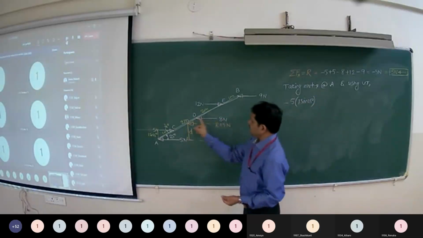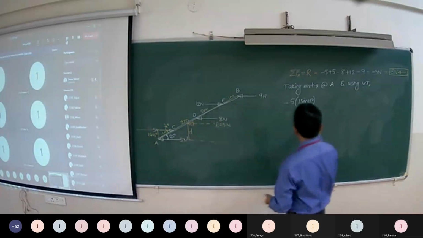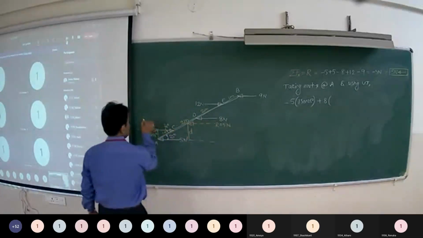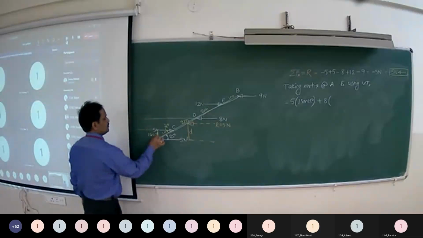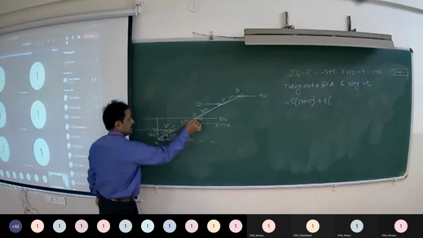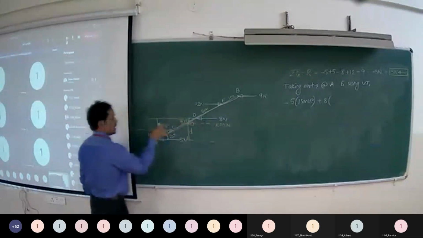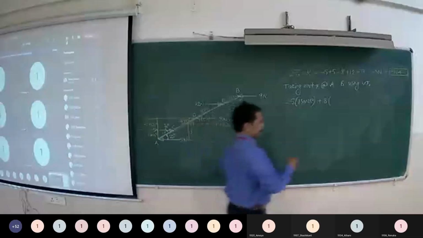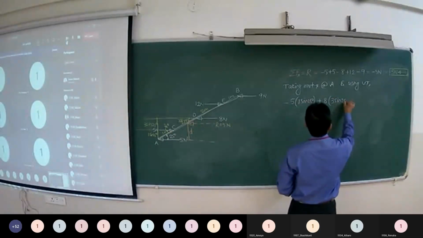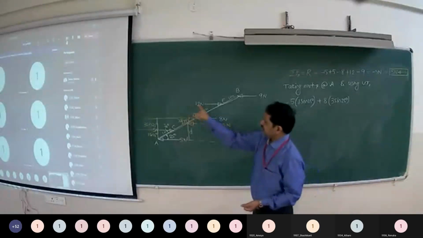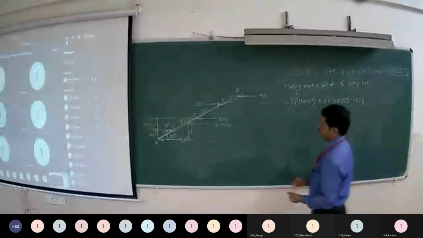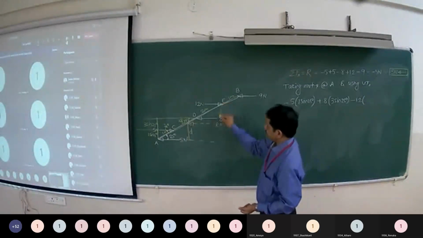Now the moment of 8 Newton, sense is anticlockwise, plus 8 into the perpendicular distance from the line of action of this force to point A. Now see this hypotenuse, 1 plus 2, 3 meters. Again this angle is 25, opposite side, 3 sine 25. The moment of 12 Newton about A, sense is clockwise, minus 12 into the perpendicular distance.